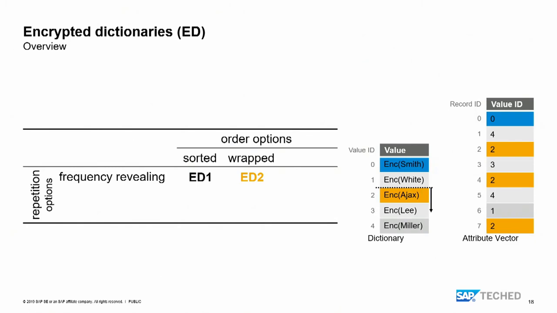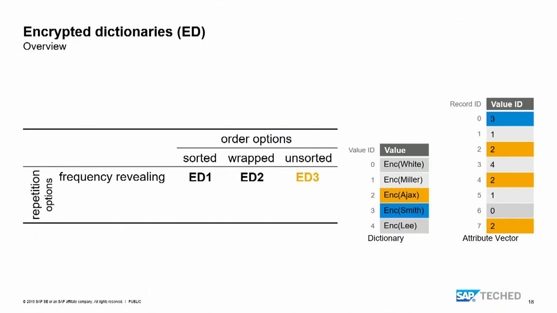Please look at the attribute vector, and especially the colors, the blue and orange colors. The orange and blue stay exactly at the same position. Only the numbers in there change. And the numbers obviously change because the dictionary is different. So the value IDs are different, so the numbers change. But the record IDs of the results have to be the same because you want to be able to do tuple reconstruction in the end. And you cannot do that if you change the record IDs.